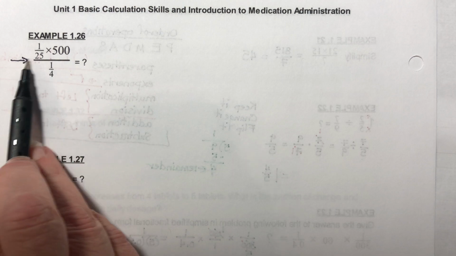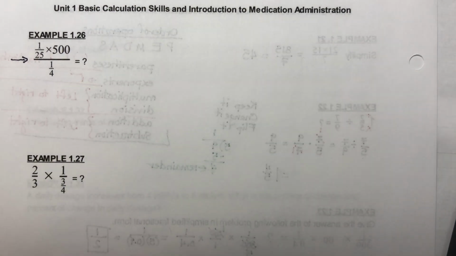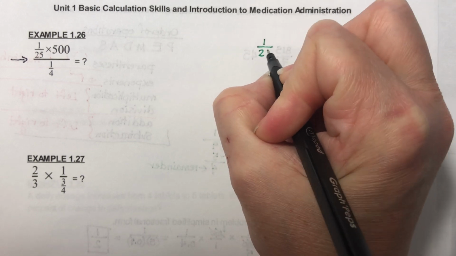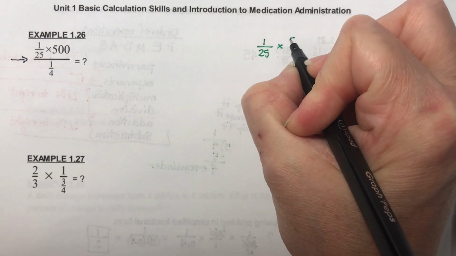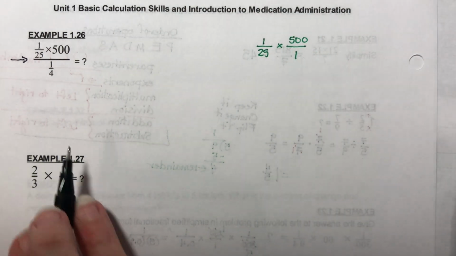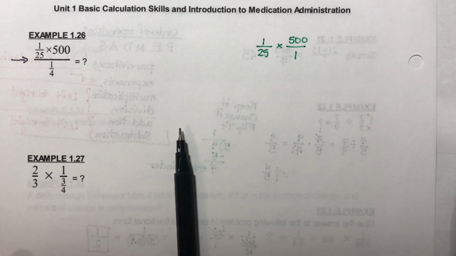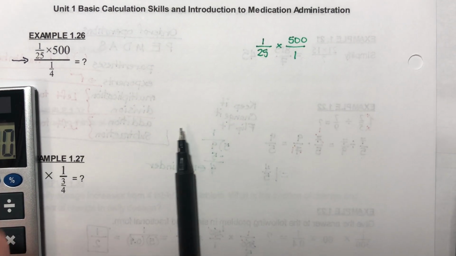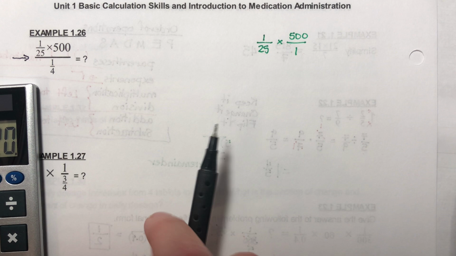So at the top, let's figure this out. I'm going to come over here to scratch paper. And I want to figure out 1/25 times 500. Let's do this over 1. Okay. Now 500 is divisible by 25 to get 20.